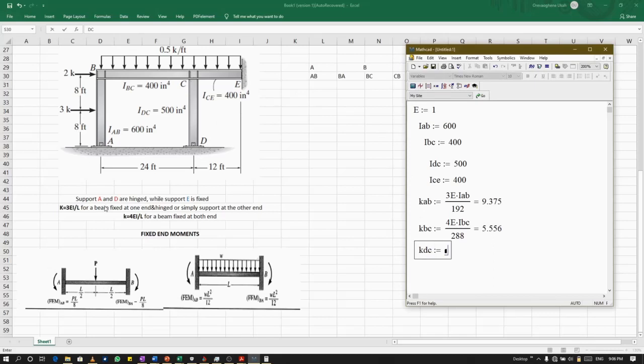So we're going to be using 3EI over L. So that will be 3E times IDC, all over L, which is 16 feet. So we'll be having 192.